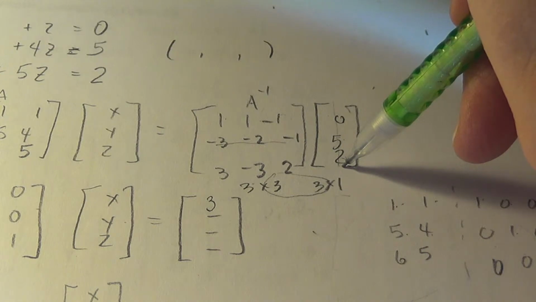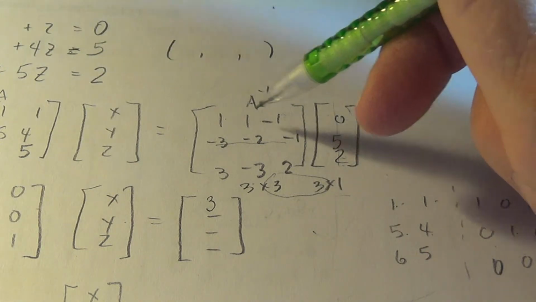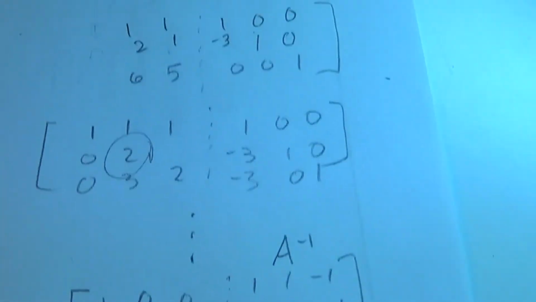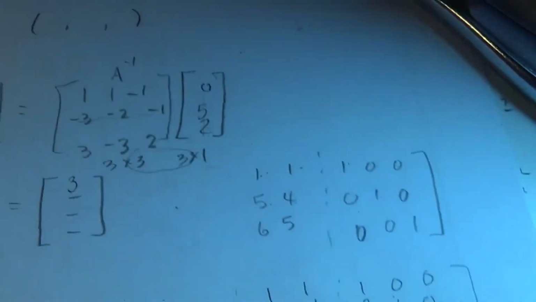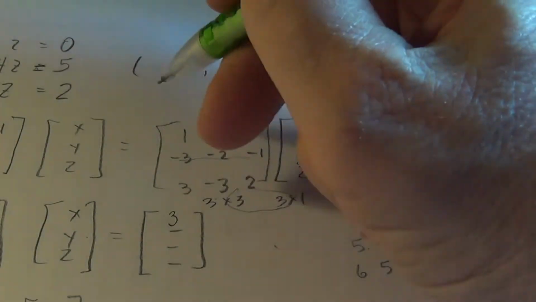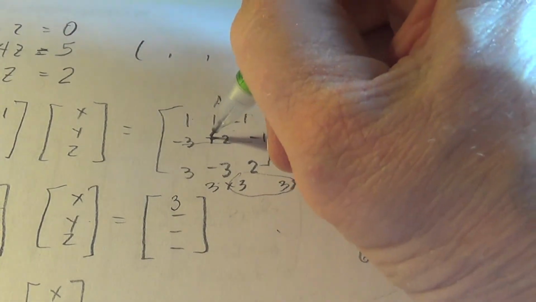And that didn't turn out right. 1 1, let's see if I copied my, oh, this is supposed to be a positive 2. Where was it? Right there. Positive 2. So when I recopied it up here, it should have been a positive 2.